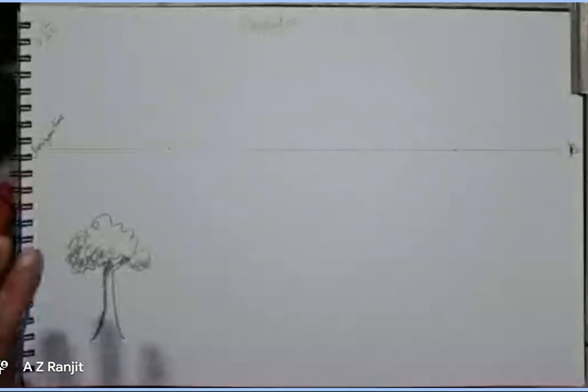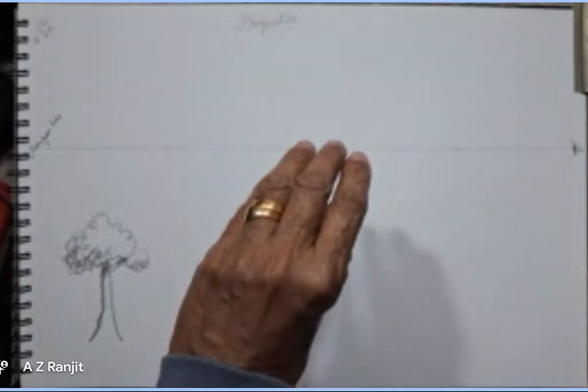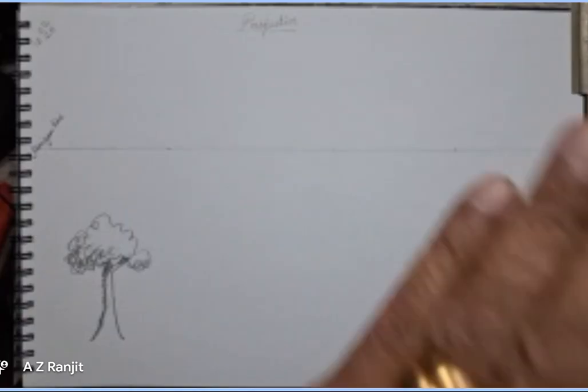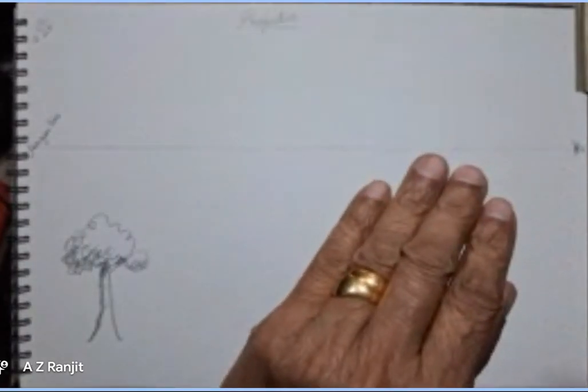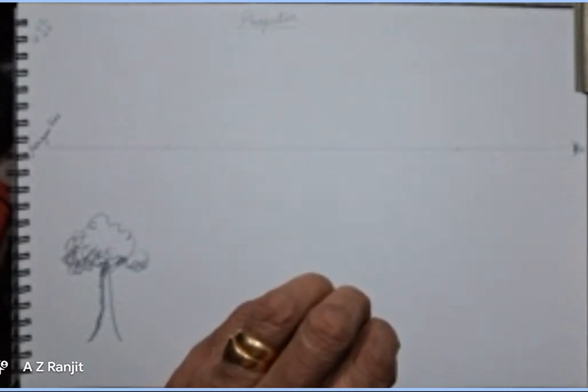Now it is going to start moving away from us. What will happen? It will start becoming smaller. Not actually smaller, it seems to become smaller. It looks as if it is becoming smaller.